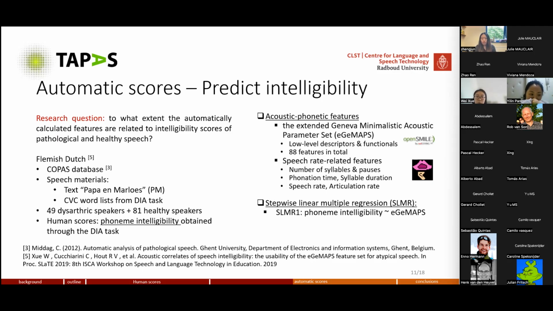And then we further apply a second round of linear regression by using the eGeMAPS features together with the speech rate features to predict the residual in the first round linear regression models. This was aimed to investigate whether the speech rate related features can complement the eGeMAPS features for better predicting the intelligibility scores.